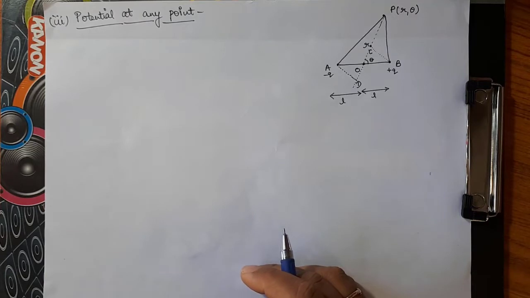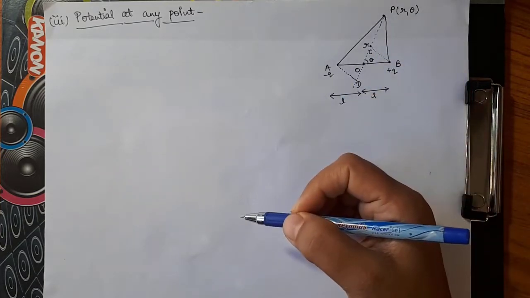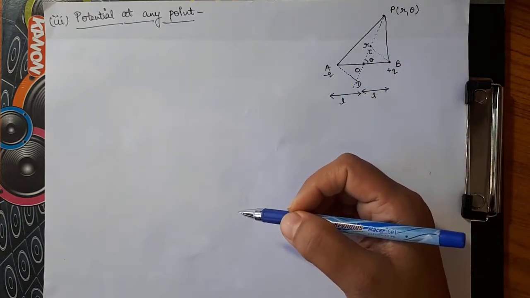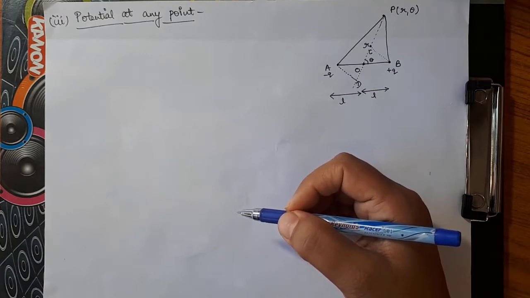Now let us calculate potential at any point. For this, consider a point P which is placed at a large distance r from the dipole, at which we have to calculate the electric potential. Let the polar coordinates of P be represented as r, theta.